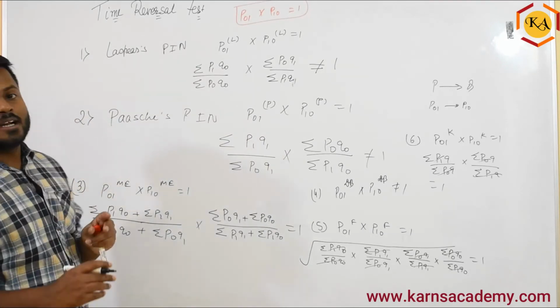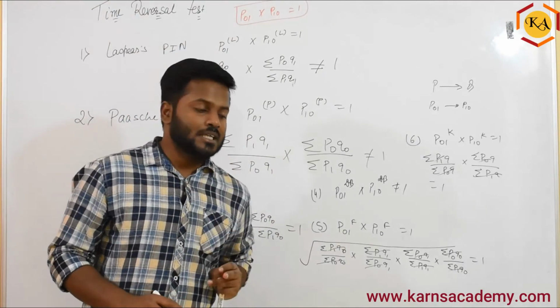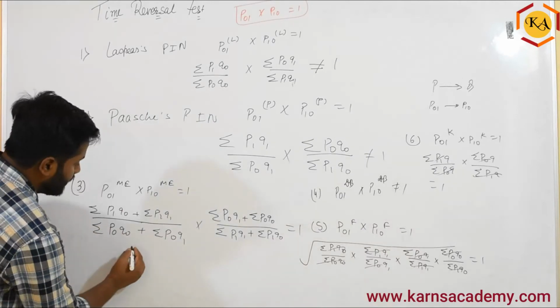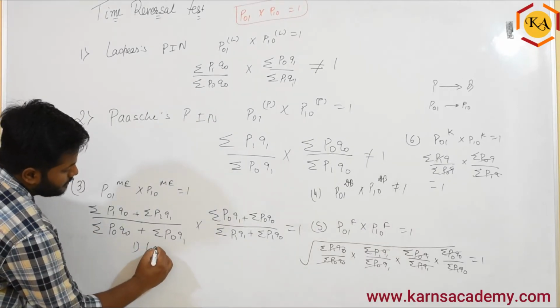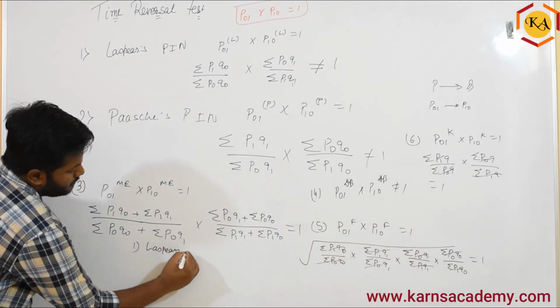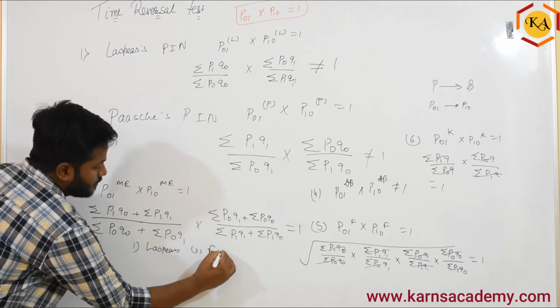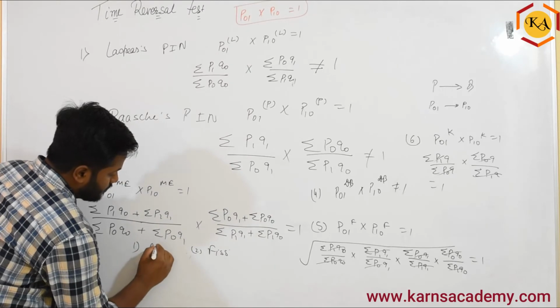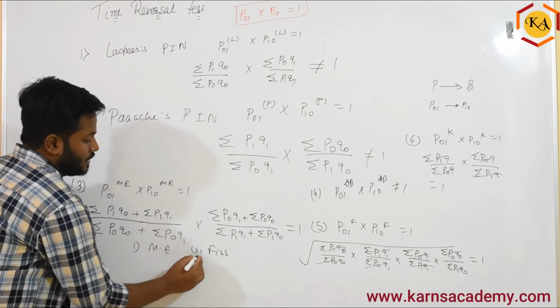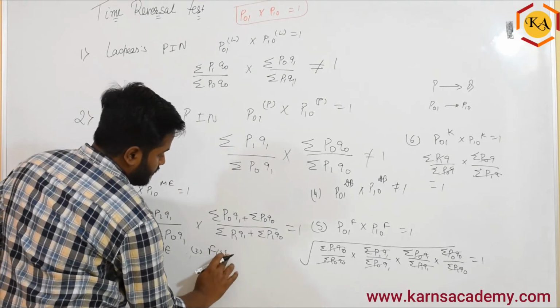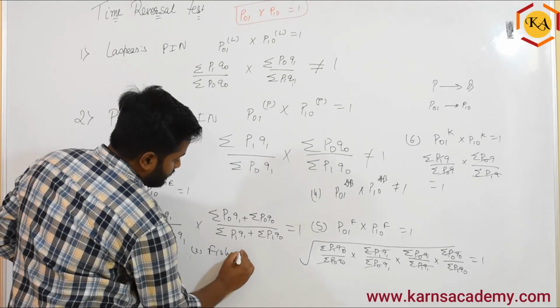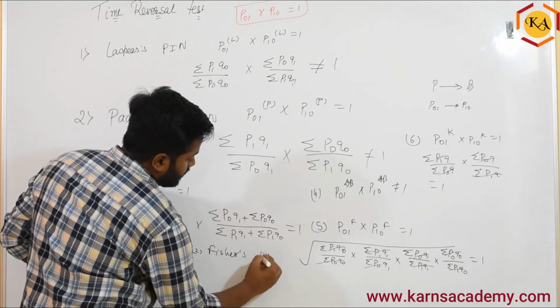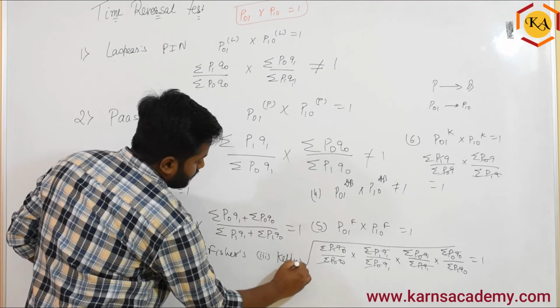So there are a total of 3 tests that are going to satisfy the TRT. Let me write here. First one is Marshall-Edgeworth, second one is Fisher's, and third one is Kelly's.